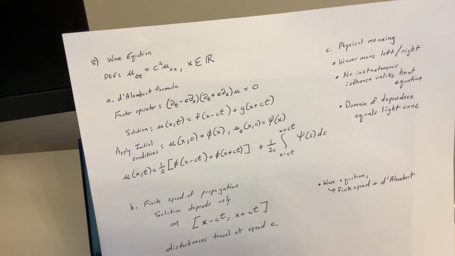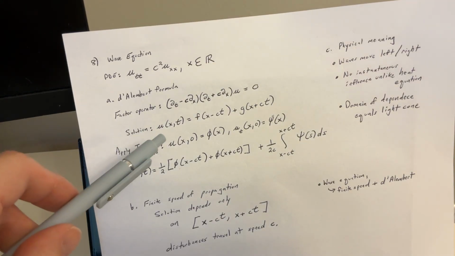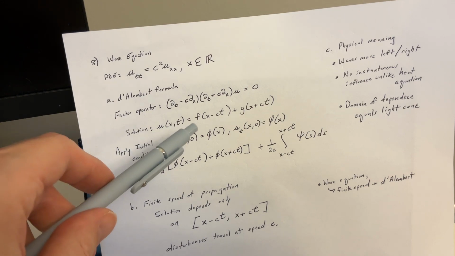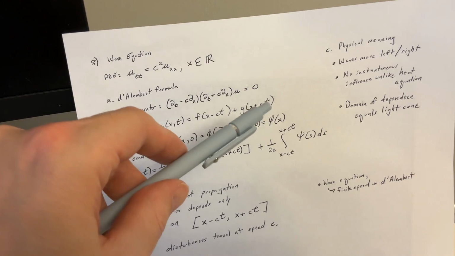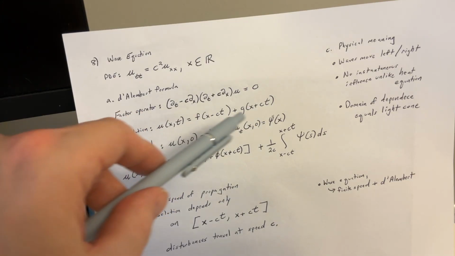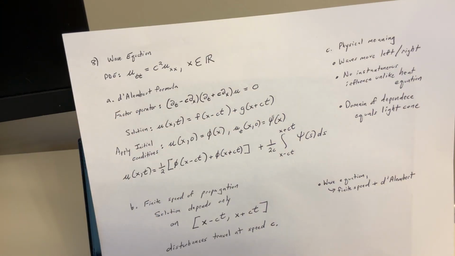Now, if we already knew the relationship, our solution is going to be u(x,t) equals f(x minus ct) plus g(x plus ct). This should look familiar, okay? This problem involves an application of the wave equation here.